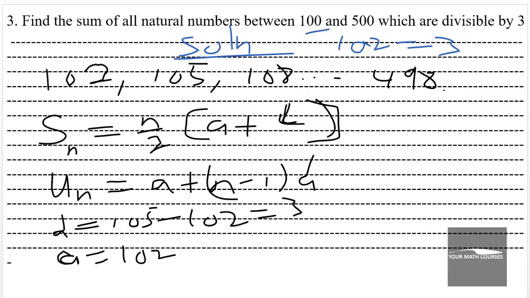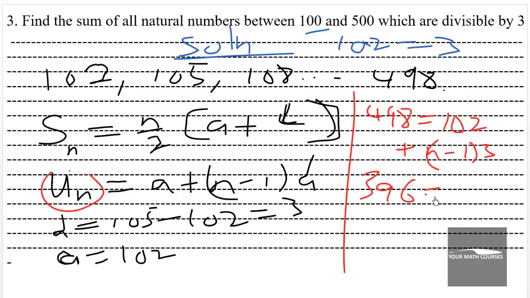So we can find the n now. The last term here is 498. 498 is equal to a, which is 102, plus n minus 1 d. So we expand. 498 minus 102 will give us 396.